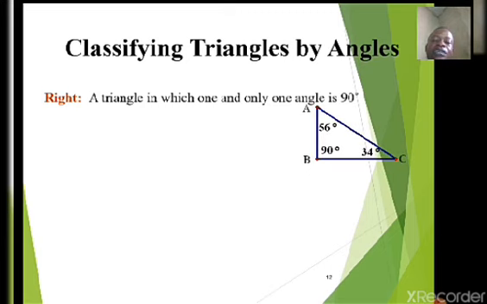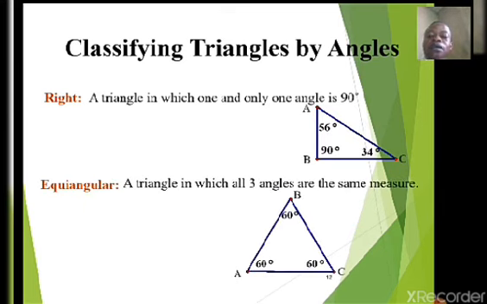That is a triangle in which one and only one angle is 90 degrees, and in this case angle B has 90 degrees, and so that makes the triangle a right angle triangle. Then the next one is equiangular. That is a triangle in which all the three angles are the same. They have the same measurement.